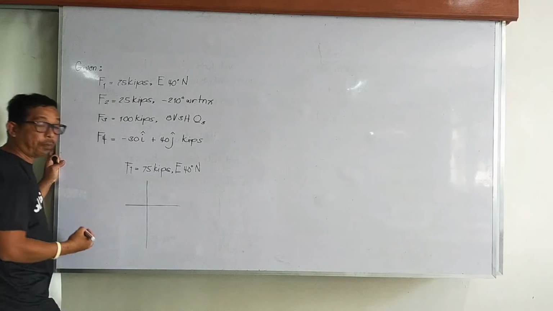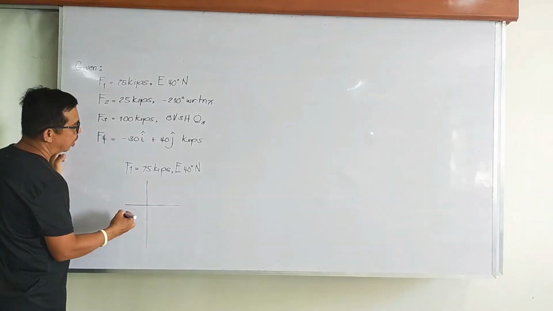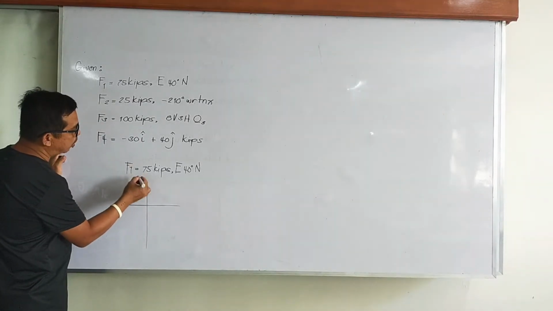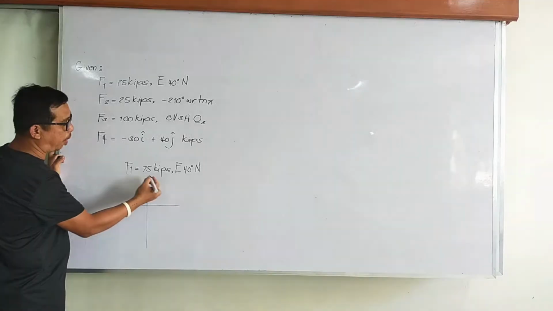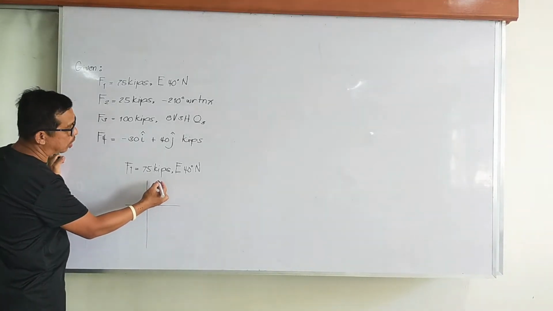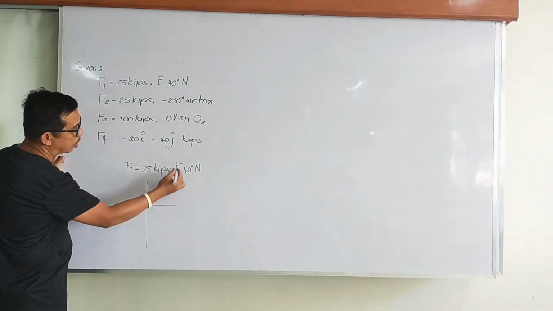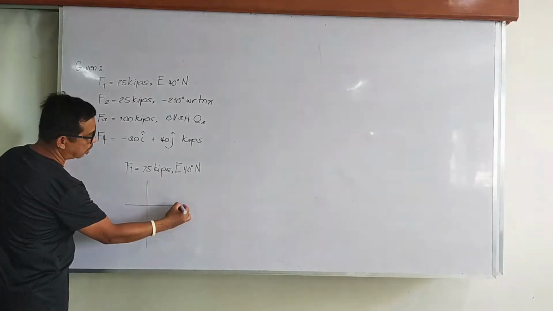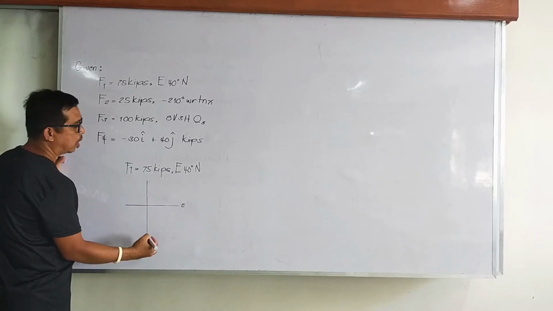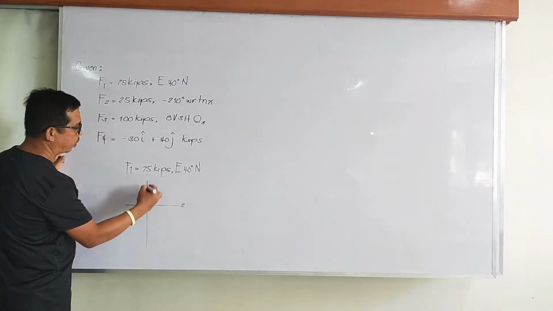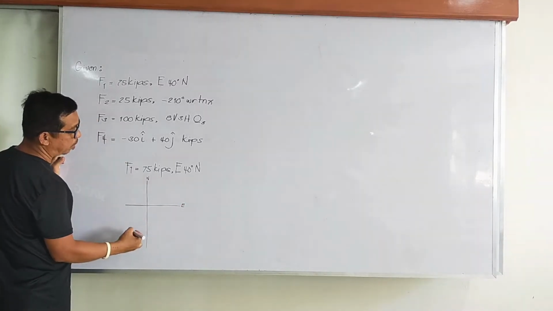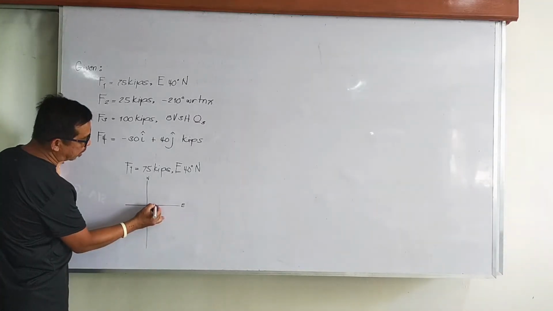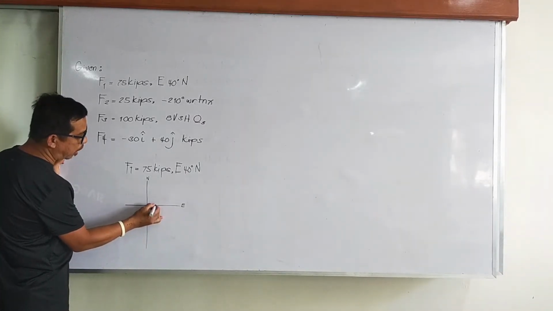Kung plot lang natin simply, F1 with a magnitude 75 kips per kilopounds is positioned sa first quadrant, east 40 degrees north. Ibig sabihin, so we will be starting from east and generating an angle of 40 degrees towards north.